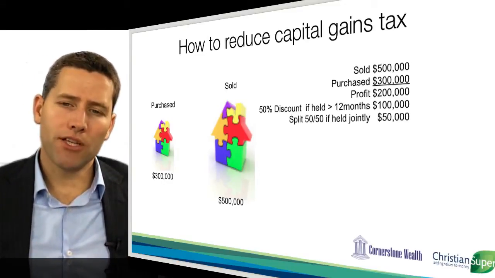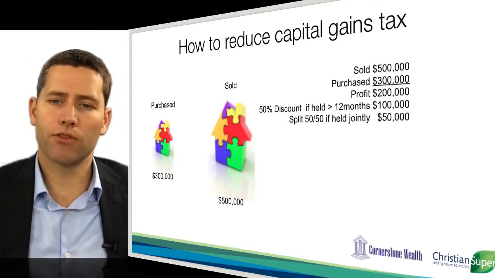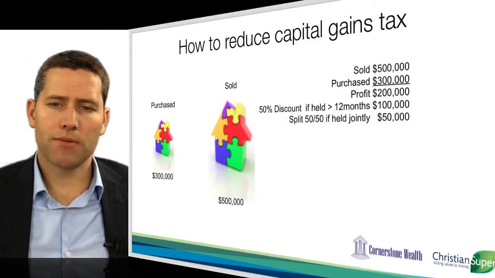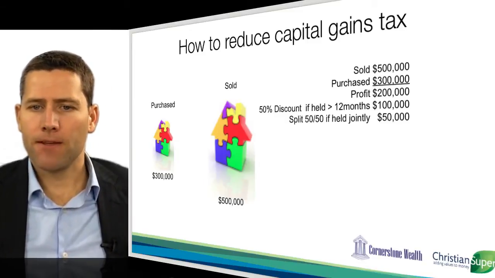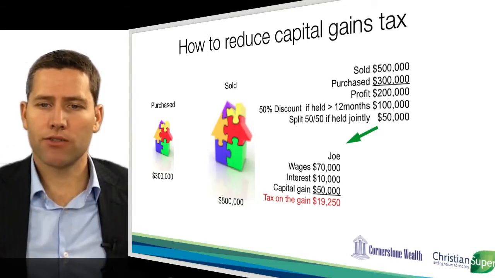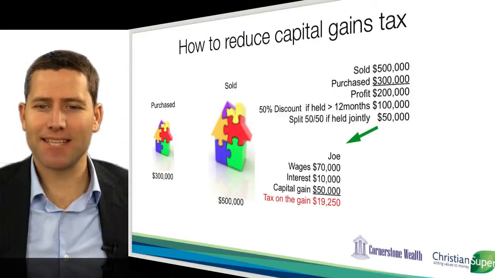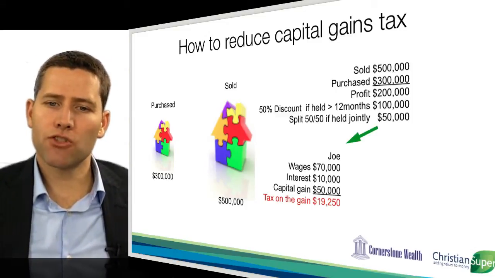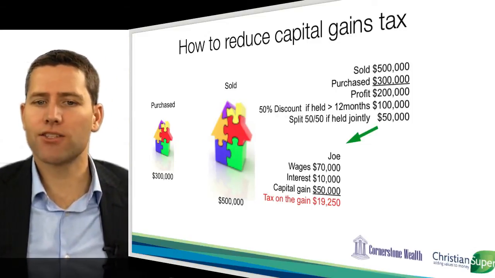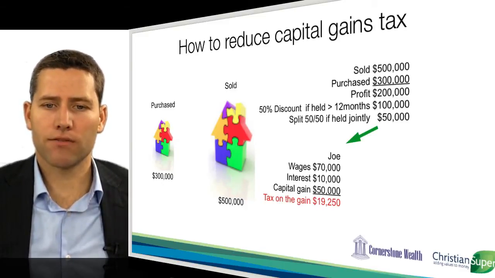If you hold the property in joint names, then the $100,000 is split between the two of you. That's what we're going to assume in this particular scenario, that the property was held jointly and the $50,000 is going to be split between two people. We're going to use Joe and Mary again. We'll stick with them with the example. In this case, we've assumed that Joe earns $70,000 in wages and interest of $10,000.